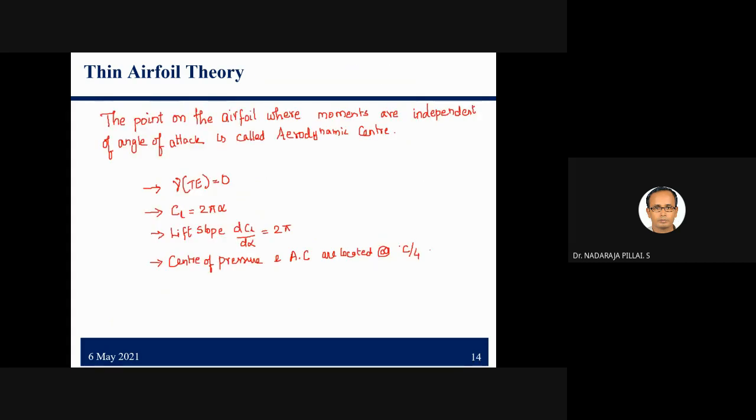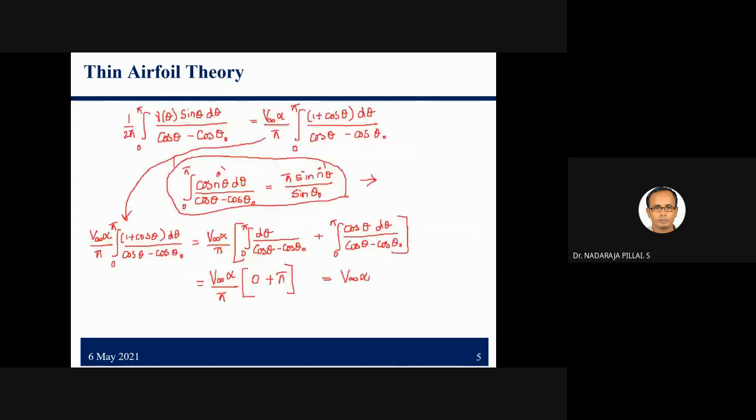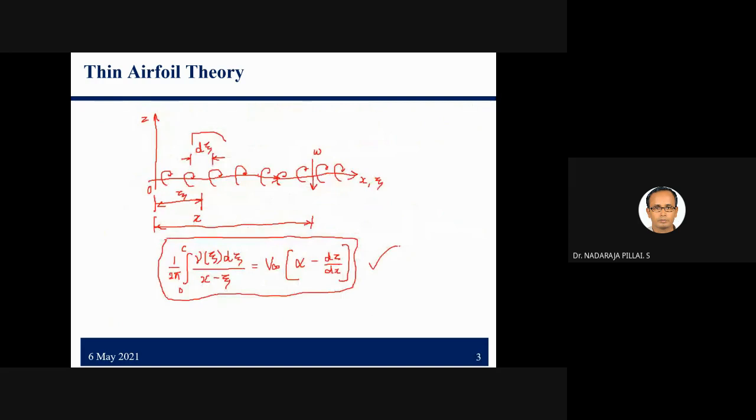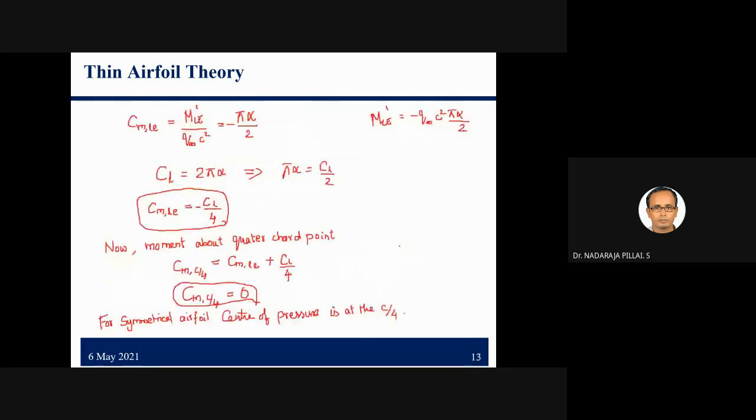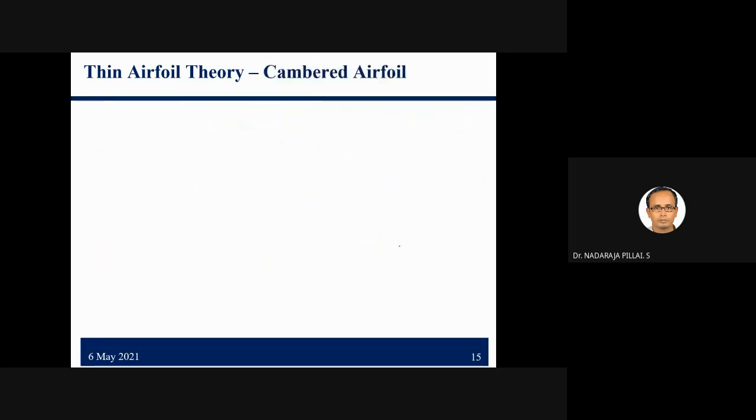Now, I will take the same relation which we had taken initially, the integral of gamma of zeta d zeta by x minus zeta, and we will continue with the cambered airfoil, right? Please note I derive one by one and I follow John D. Anderson's notation, because then only you can follow the derivation with the book.